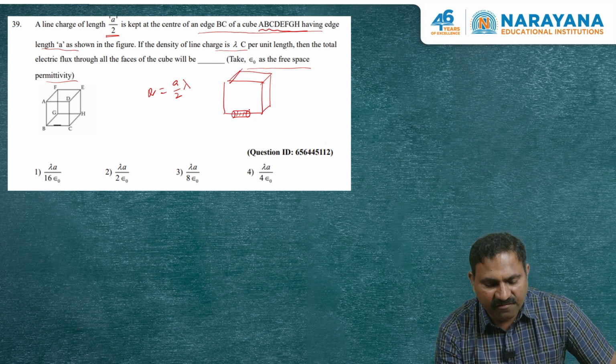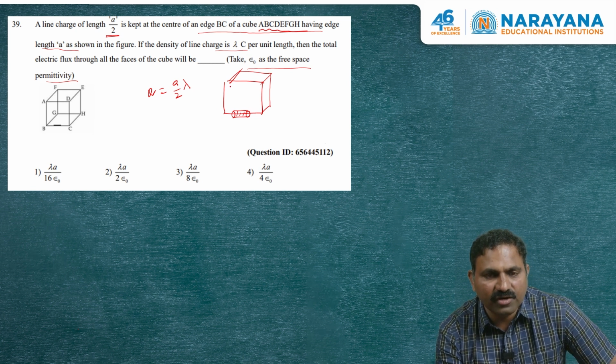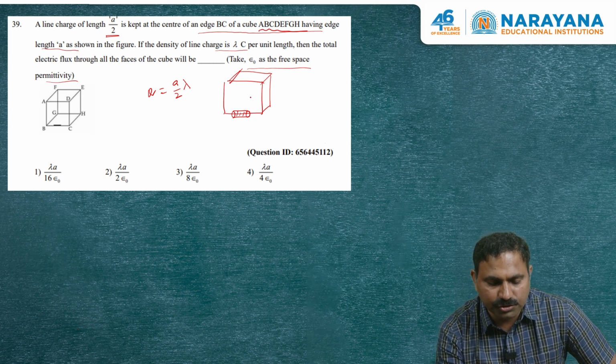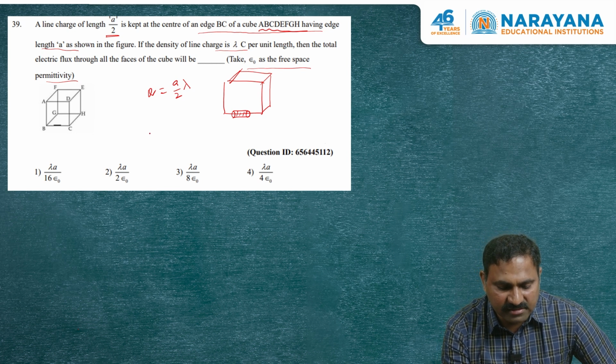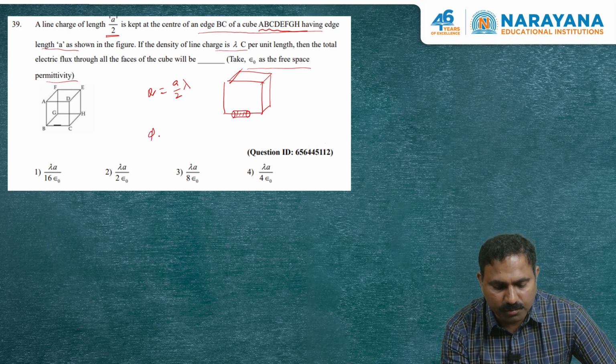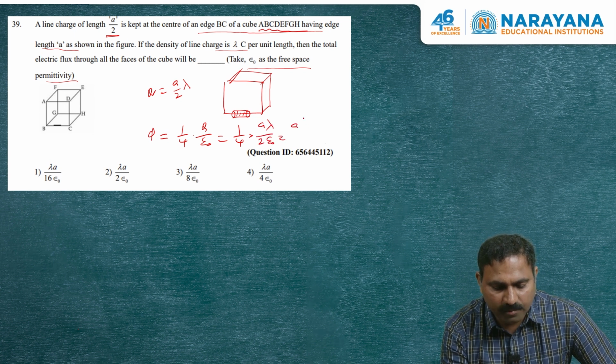In that case, flux linked with each cube will be 1/4 of the total flux due to symmetry. So flux due to each cube comes out to be 1/4 times of total flux q by epsilon naught, that is 1/4 times of lambda a by 2 epsilon naught. It will be lambda a by 8 epsilon naught.